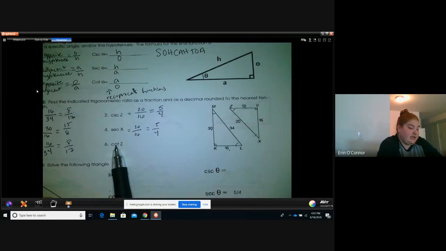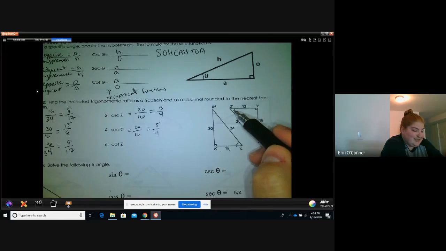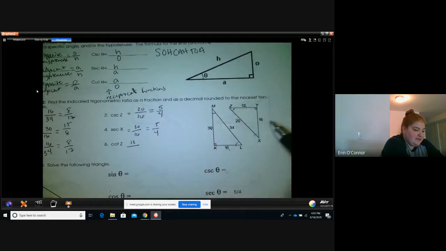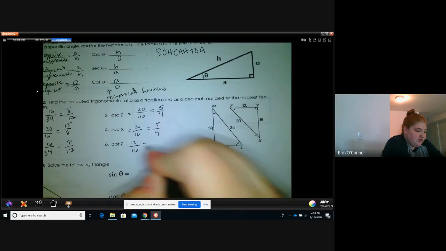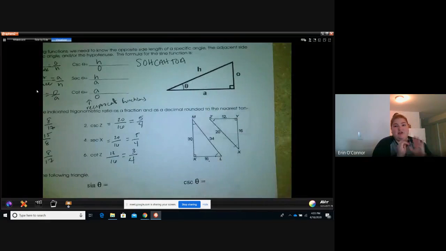And then cotangent of Z. So Z is here. And cotangent is adjacent, which is 12, over opposite, which is 16. This reduces to 3/4. So the big thing is knowing where your angles are. If you like to put O, H, and A down, you're more than welcome to for any of these.